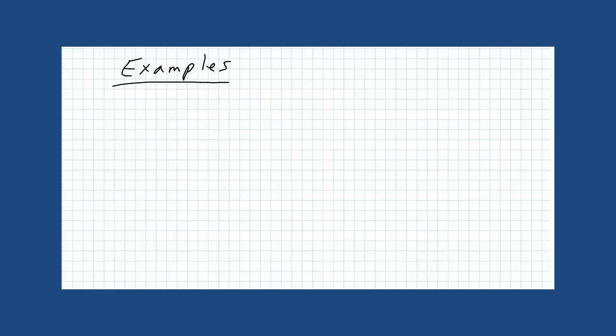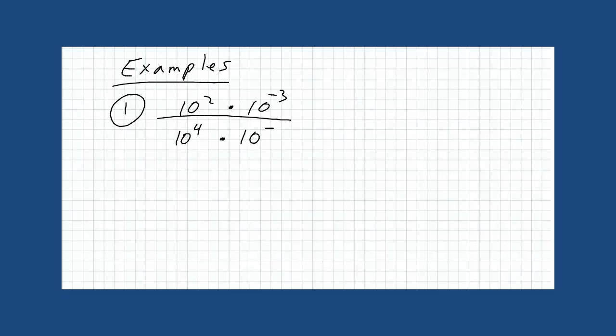Look at this example here. 10 to power 2 times 10 to power negative 3 divided by 10 to power 4 times 10 to power negative 7. First, let us perform the operation on the numerator.